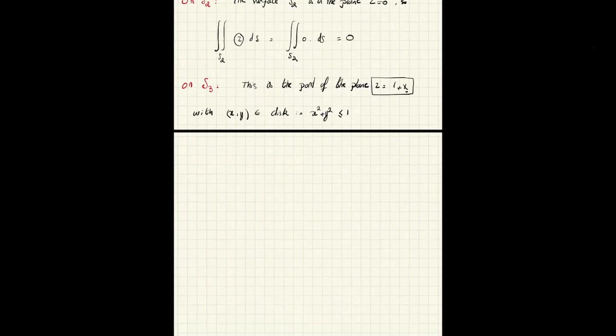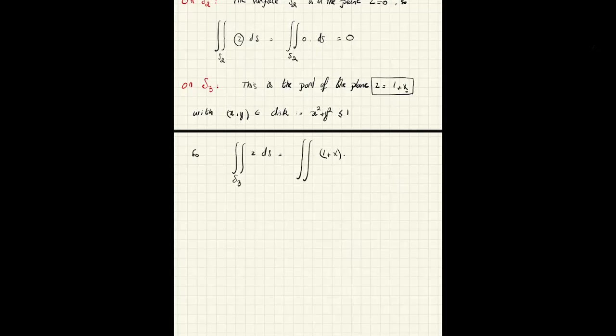So the integral, yeah, please ask me questions if this is too fast. So the integral of it, so it's z ds, right? So now z is equal to 1 plus x.